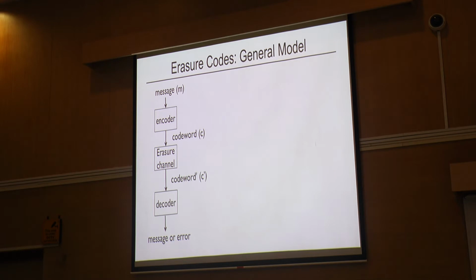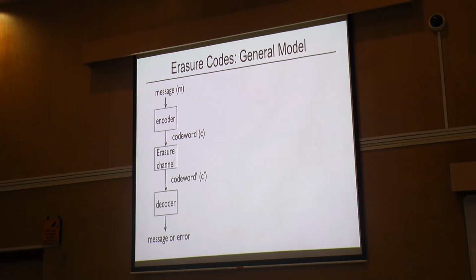I'll denote the message by M and the code word by C. Then this code word goes through what is called a channel. For example, in storage systems, this channel would be storage. Basically, you store some data, and after some time you read it, and then something could be missing from it. So the channel is the storage medium.